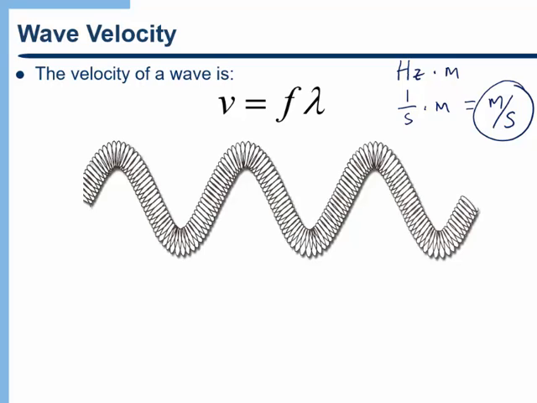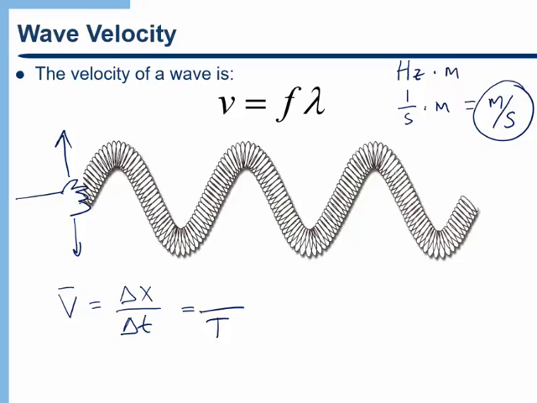But let's talk about where this formula comes from. It really comes from that very basic concept that velocity, or average velocity, is delta x over delta t, way back from Physics 1. So now what we want to think about is how far does the wave go in one period. If I take my hand and I go up, down, and come back, so I've moved my hand through one period of time, how far does the wave go?